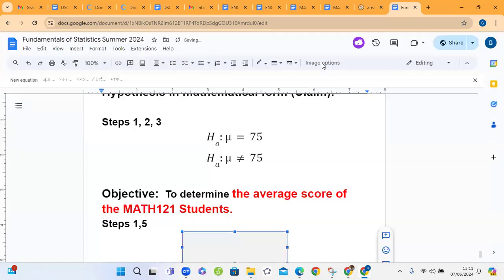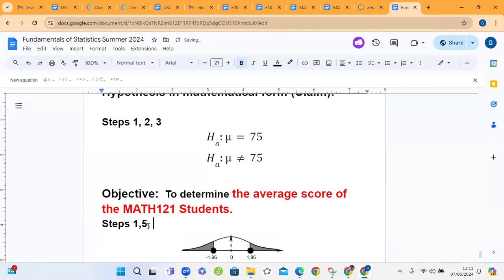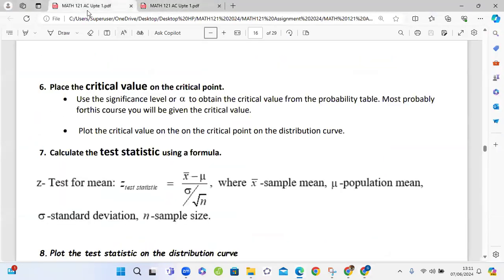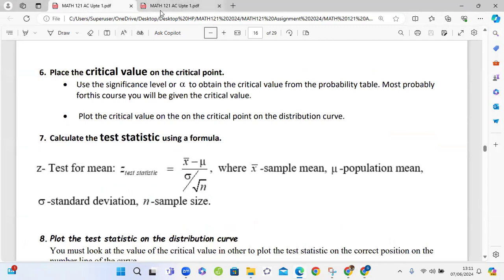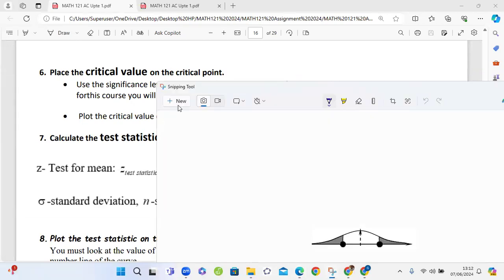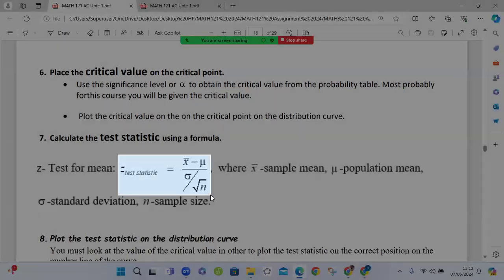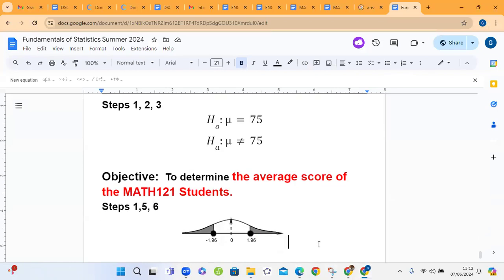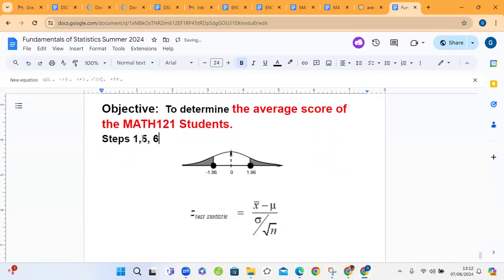So let's go to step number 7. Here's the formula to calculate the Z-test statistic. It says x-bar minus mu.